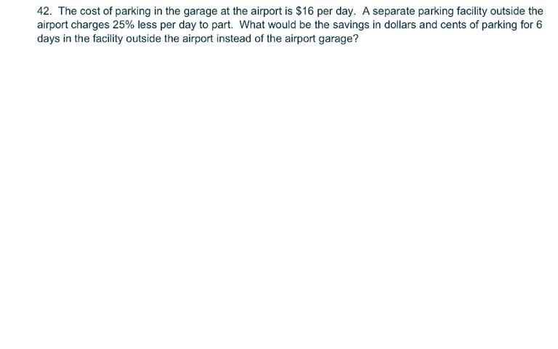So basically, we've got airport, we've got parking 1 and parking 2. And it says the cost of parking at airport 1 is 16 a day. So it's 16. And parking 2 is 25% less to park.